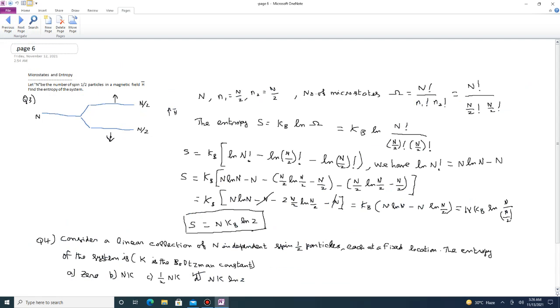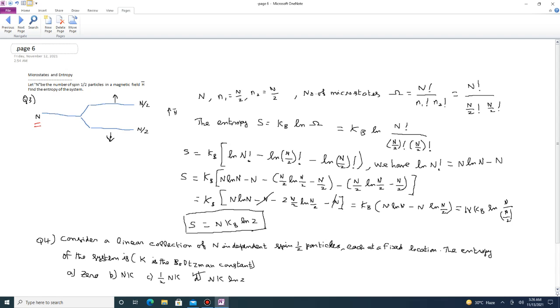Now let us do some problems on microstates and entropy. Let us take one problem. Let us consider capital N spin-half particles in a magnetic field H. Once the spin-half particles are placed in a magnetic field, spin up will be oriented with some energy, and spin down will be in another energy level.